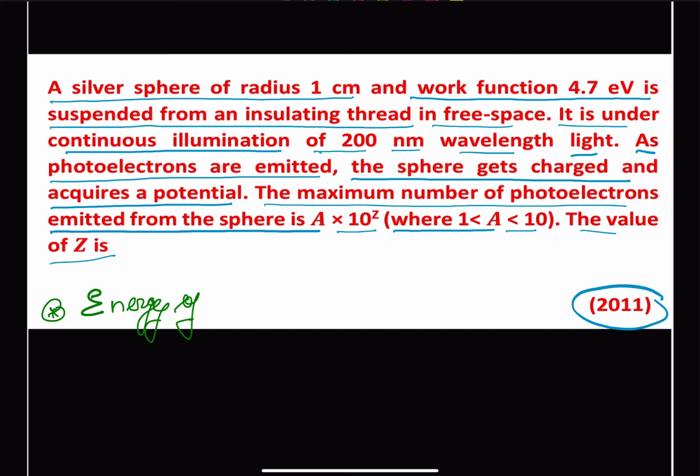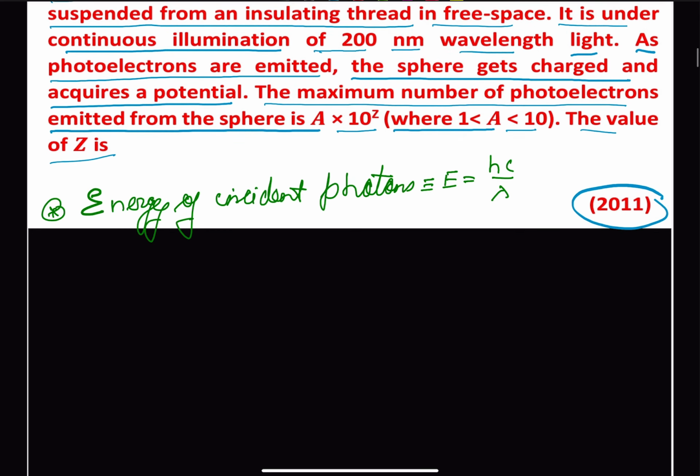Energy of incident photons, if that is given as E, will be equal to hc upon lambda, and we can substitute our hc in terms of electron volt.